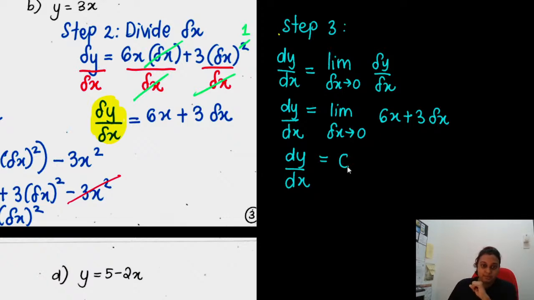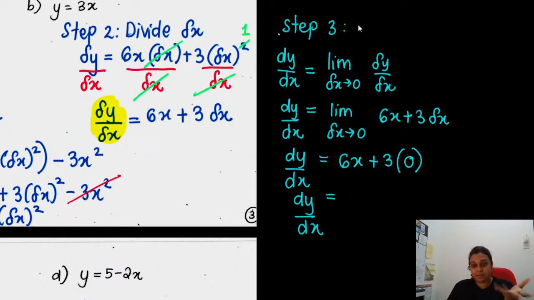So here will be 6x plus 3 and then put 0 here. So your final answer will be 6x plus 0 is 6x. So 6x is the first derivative by using the first principle.